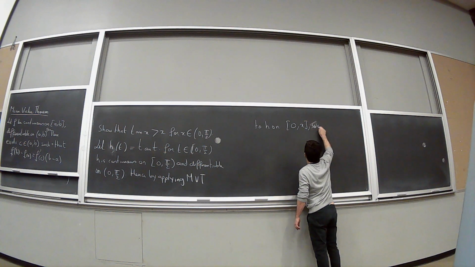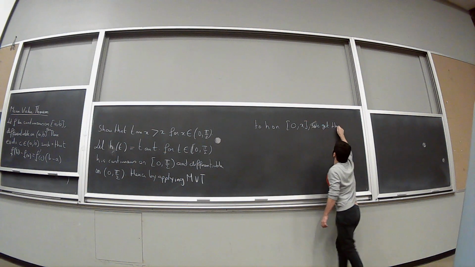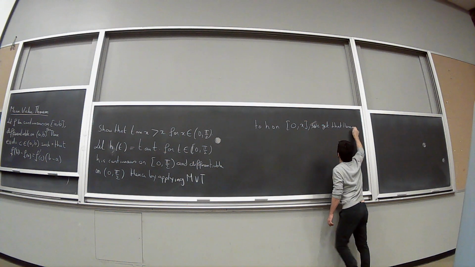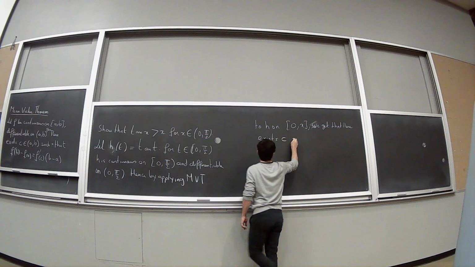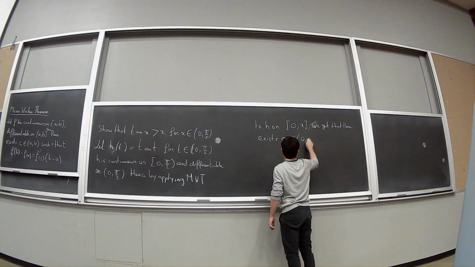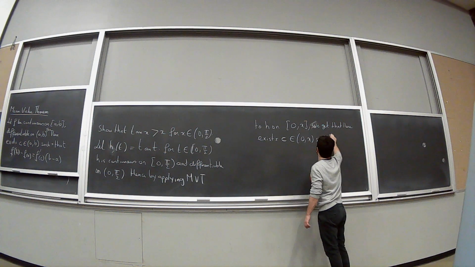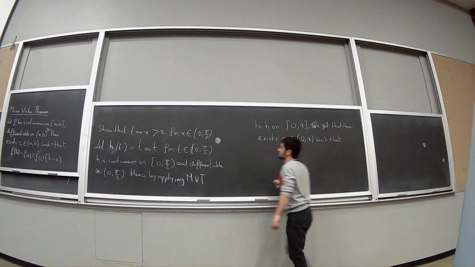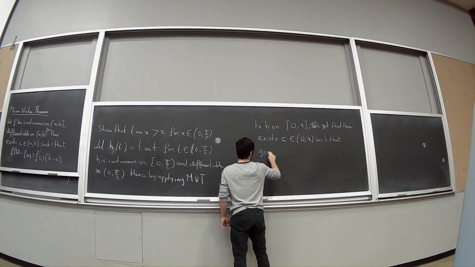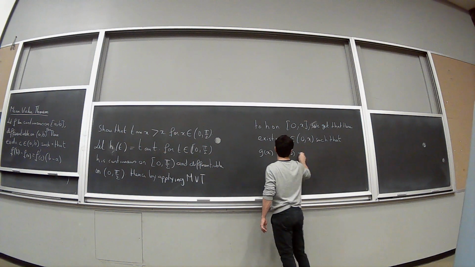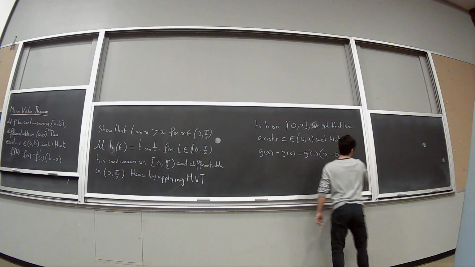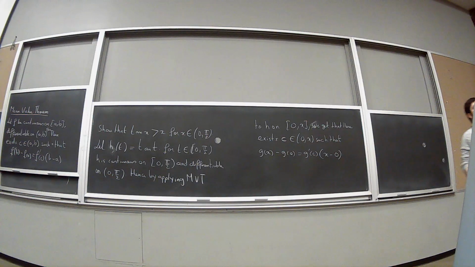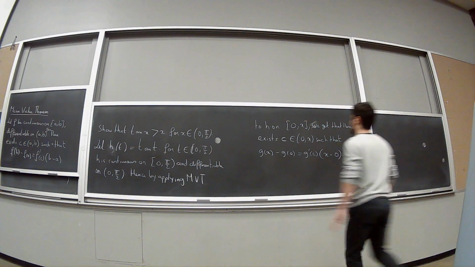We get that there exists c inside the open interval (0, x) such that h of x minus h of 0 is equal to h prime of c times (x minus 0). So far so good. I just apply it to h, which is h of x.